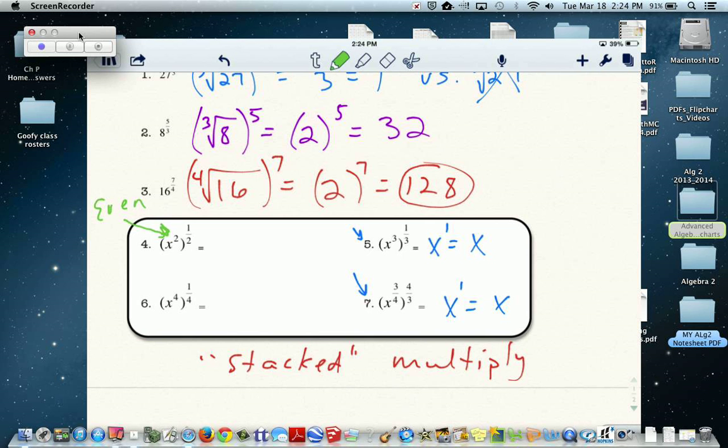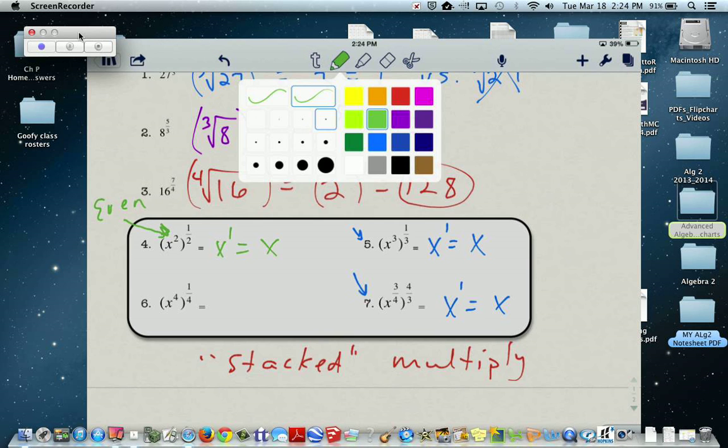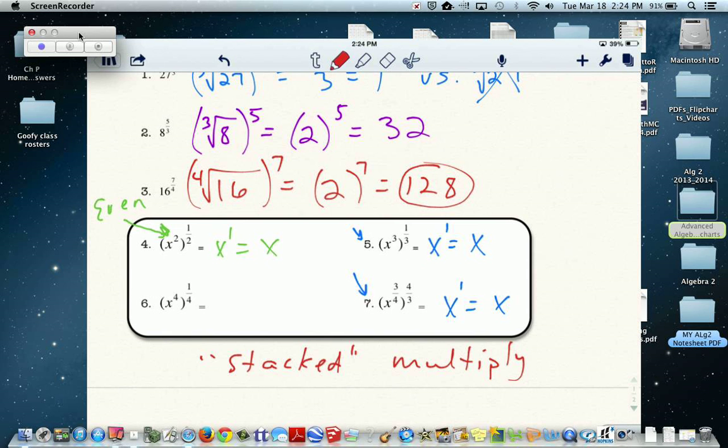But in this case, when it's x squared to the 1/2 power, we're just getting x to the first, or x. But when solving this in an equation, you would want to remember plus or minus. Same thing here, x to the 4th to the 1/4 power is x to the first. You'd want to be thinking about plus or minus x. We'll run into that when we solve some of our equations.